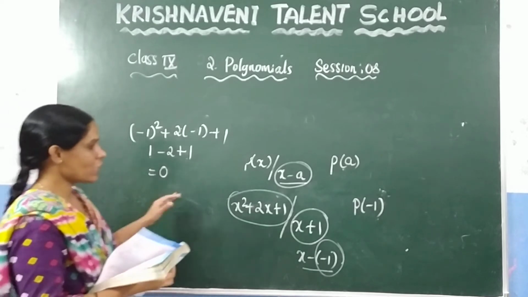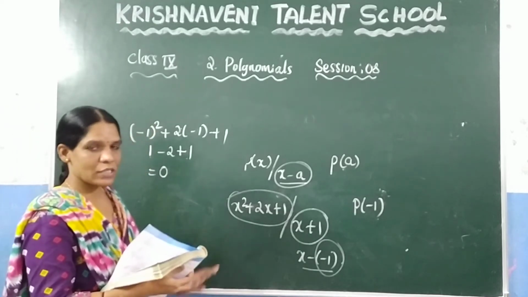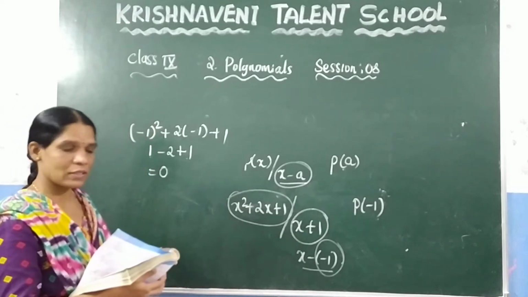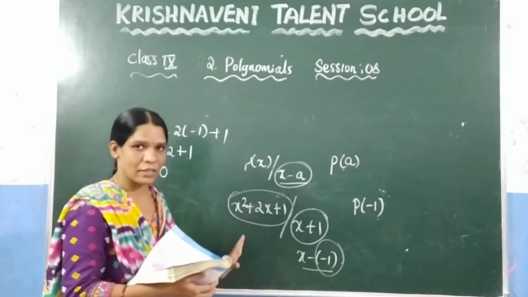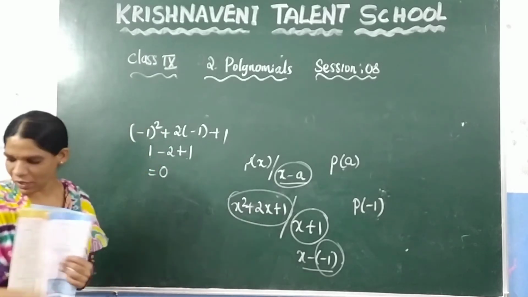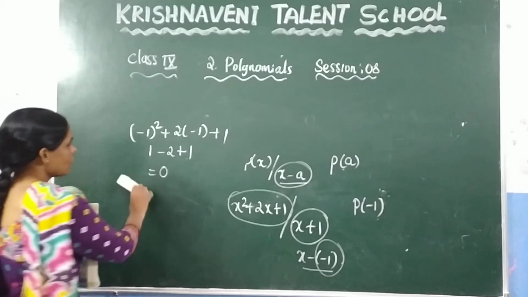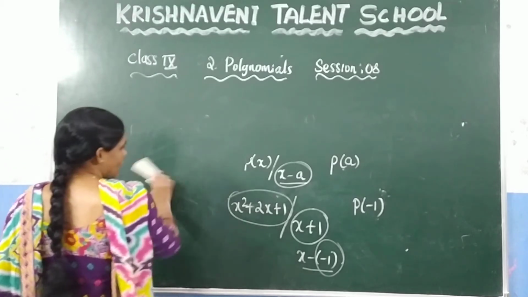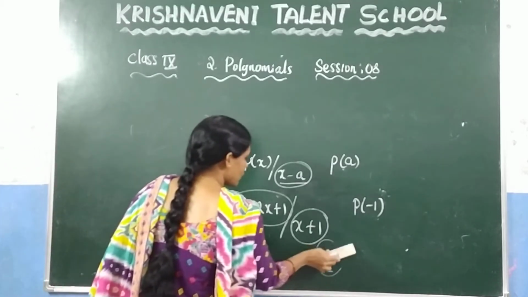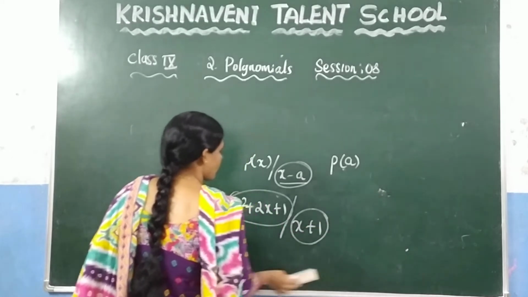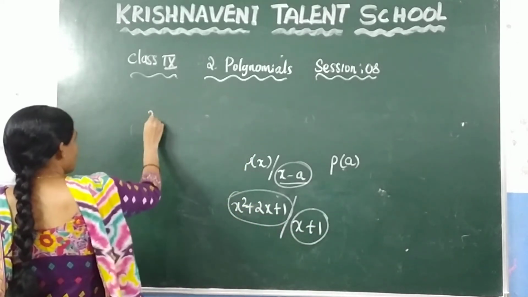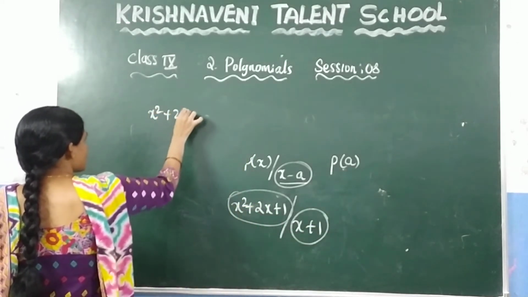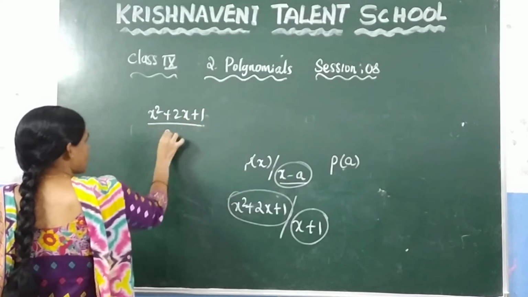Like that, if you are dividing two polynomials and want to find the remainder, you can find it like this, or otherwise, you can find the zero of the divisor. Here, consider the same example: x squared plus 2x plus 1 divided by x plus 1.